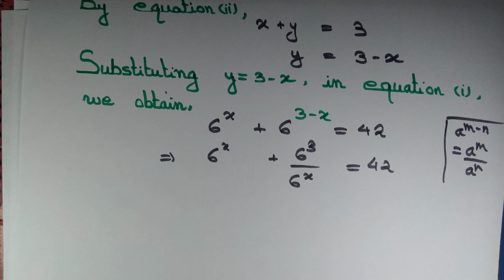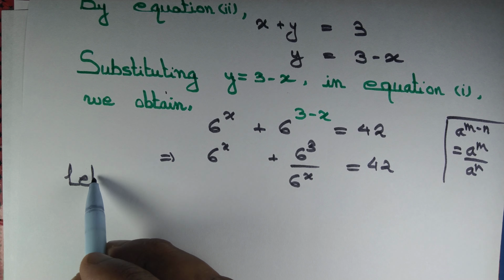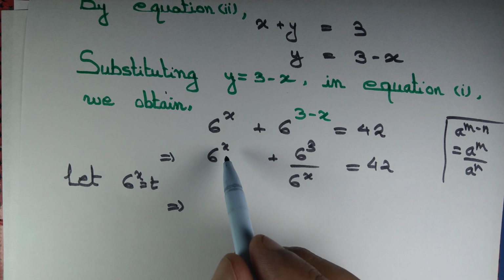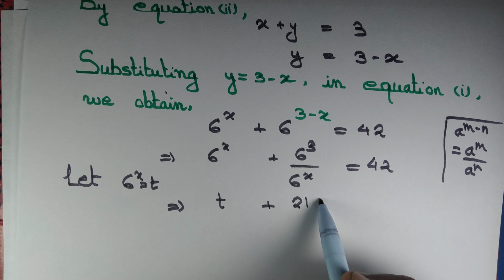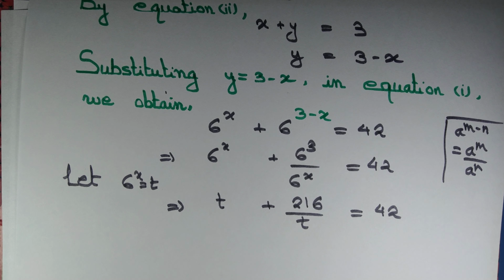You get 6^x in numerator as well as in denominator. Let 6^x = t. That implies this equation can be written as t + 6 cube, which is 216, by t = 42.